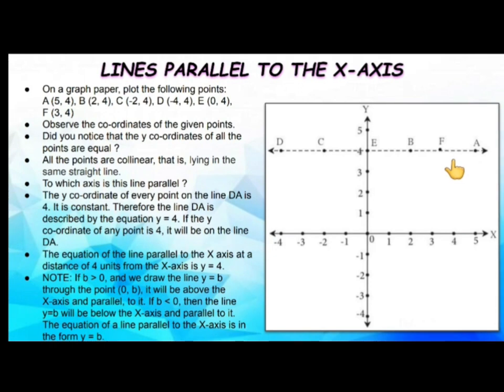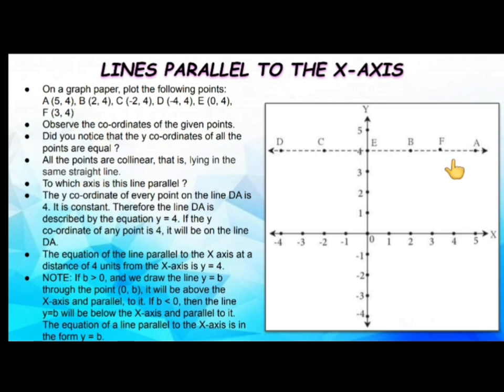Now, something to note here. If b is greater than 0, what is b? b is nothing but a y-coordinate. So, if it is greater than 0, we draw the line y equals 4 or y equals b through the point (0, b). It will be above the x-axis and parallel to it.